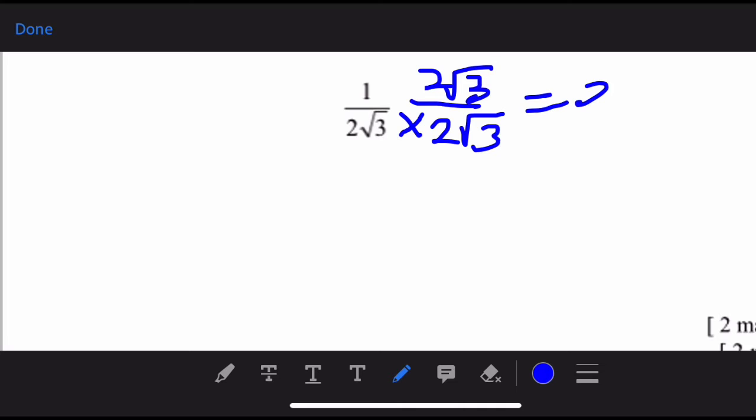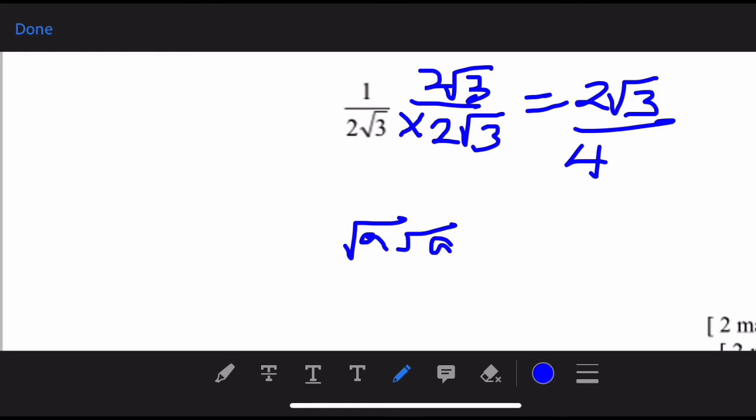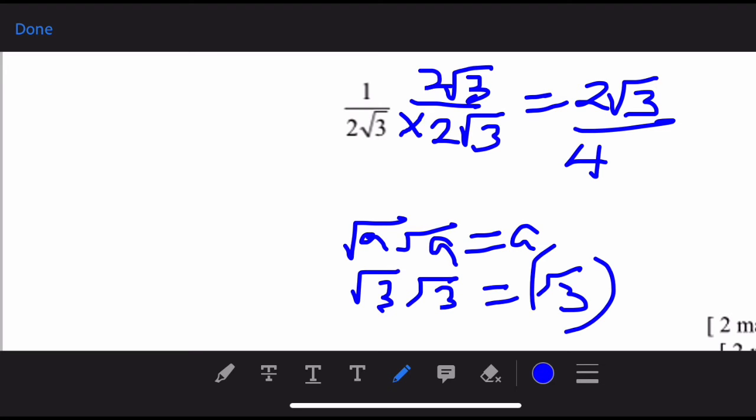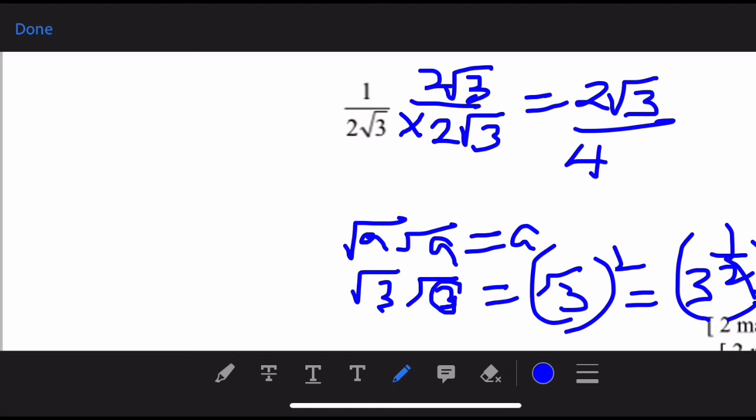So finally you get 2 root 3 over 4 root 3 and root 3. Root 3 times root 3, you get root 3 squared, remember? And because root means power half, the power half and the square cancel out, so that means you will get just the number here, 3. Just 3 only, no square.